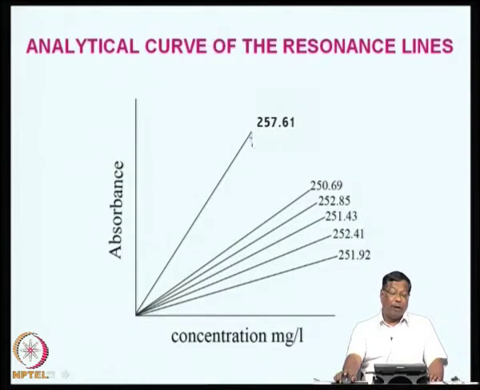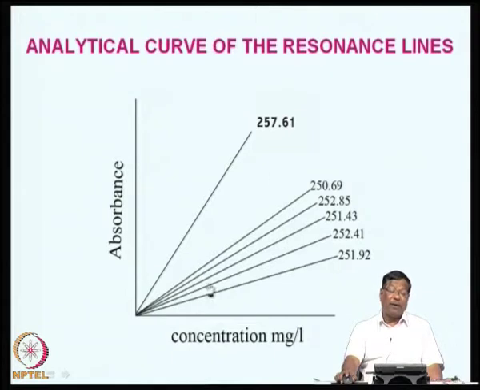For example, the absorption in this case at 251.61 is about twice compared to absorption at 251.43. It is slightly more than 250.69 etc., but the point what I am trying to prove is you can choose any of these resonance lines and you can determine the concentration.